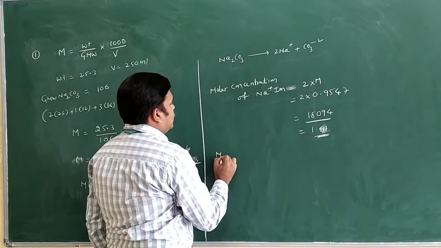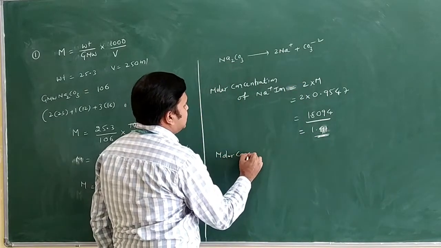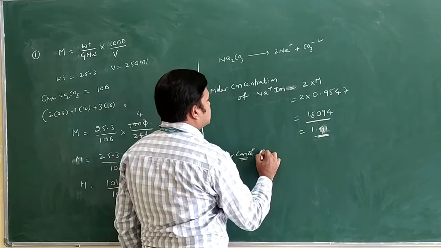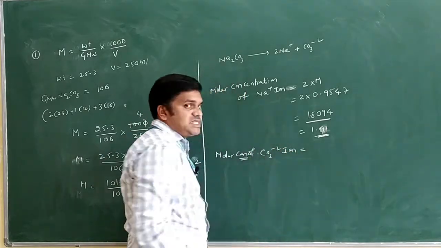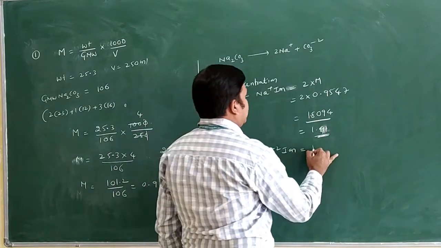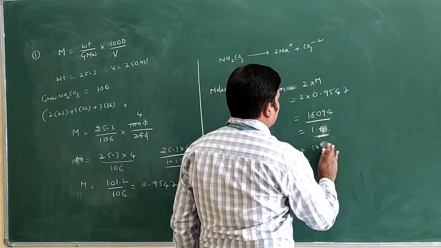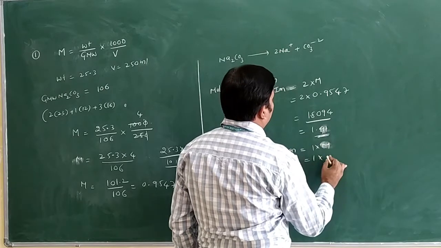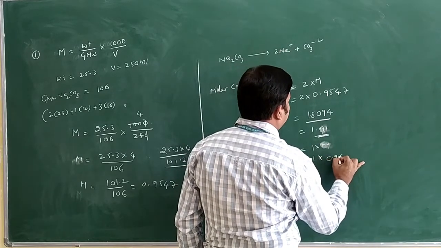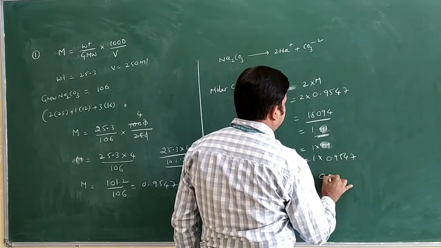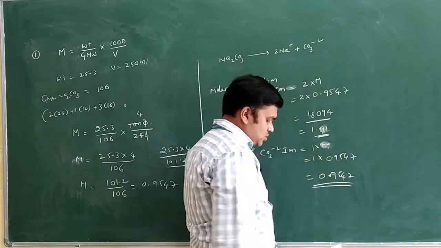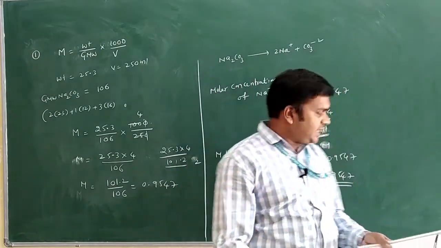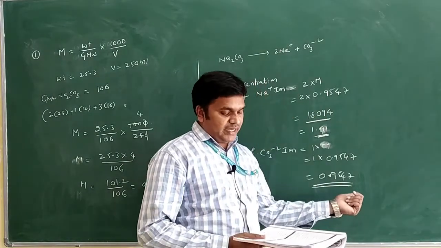Now the molar concentration of the CO3 2 minus ion. How many carbonates do you have here? Only 1. So you will write 1 into molarity. So 1 into what is the molarity we got? 0.9547. You will take 0.9547, approximately 0.955.